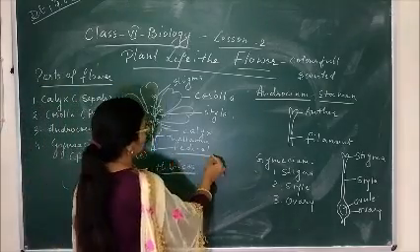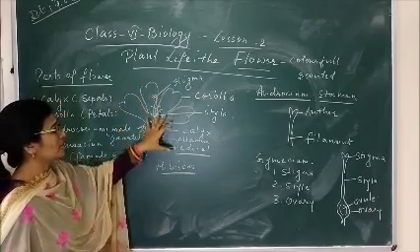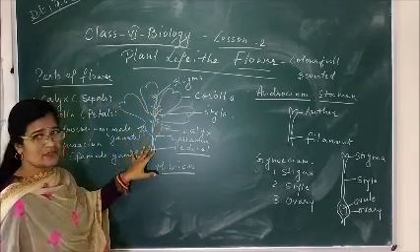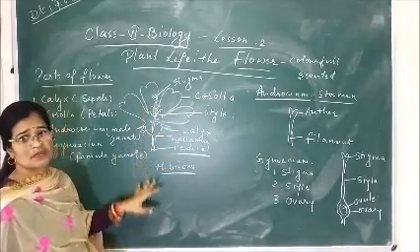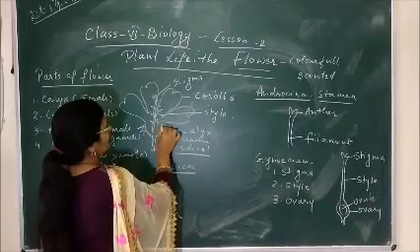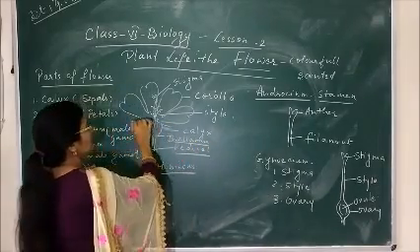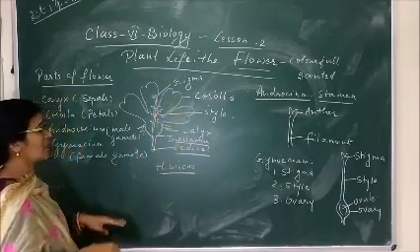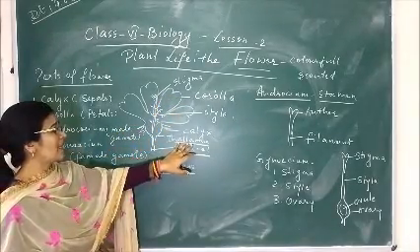This part is called pedicel, in which the whole flower parts remain attached. Or you can say pedicel holds the different parts of the flower. The second part is called thalamus, on which the different parts of the flower are attached. So this portion is called thalamus.